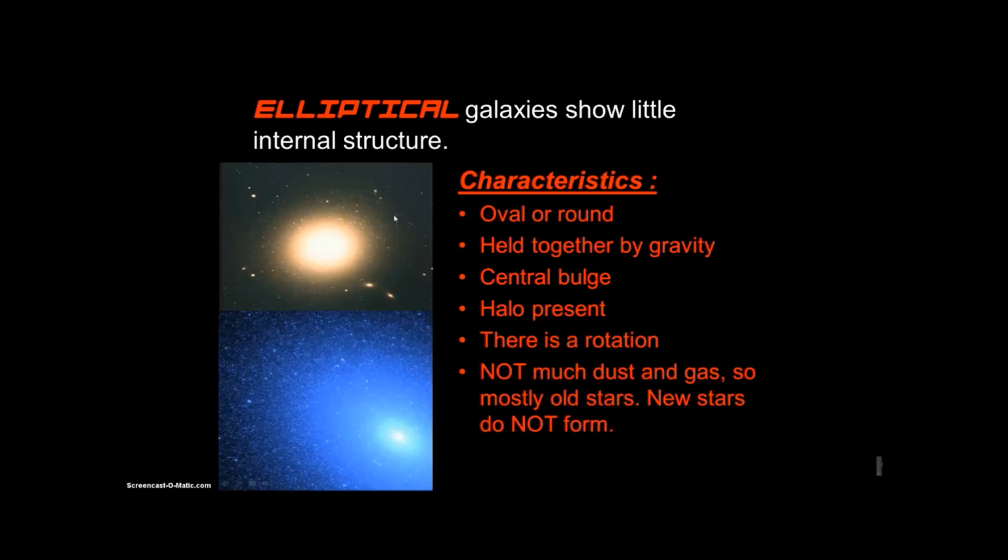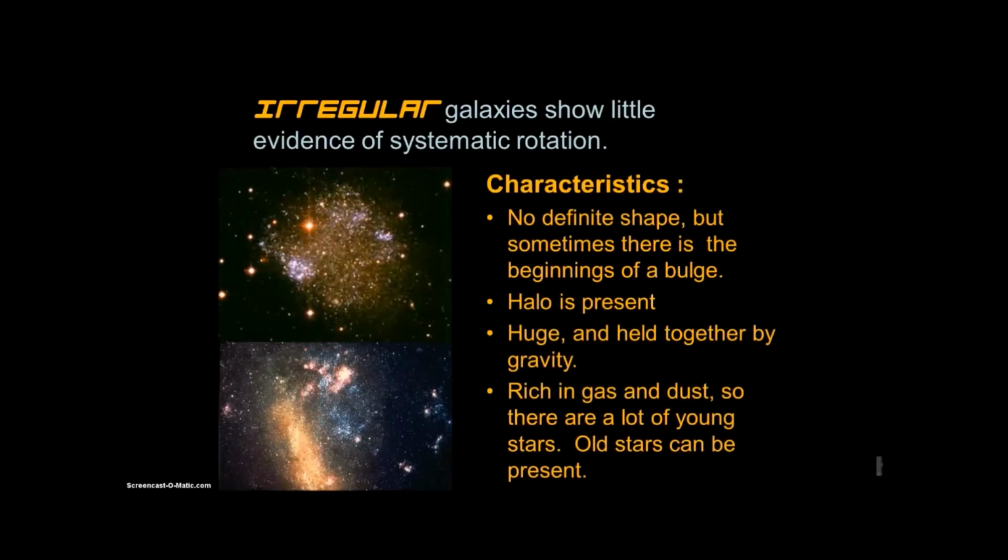So now let's talk about the youngest galaxy of all. Elliptical is the oldest. Spirals are kind of like your middle-aged galaxies, and the youngest galaxies are your irregular. These are galaxies that show little evidence of rotation. There's not a lot of organization. They haven't lived long enough to have that organization. There's no definite shape.